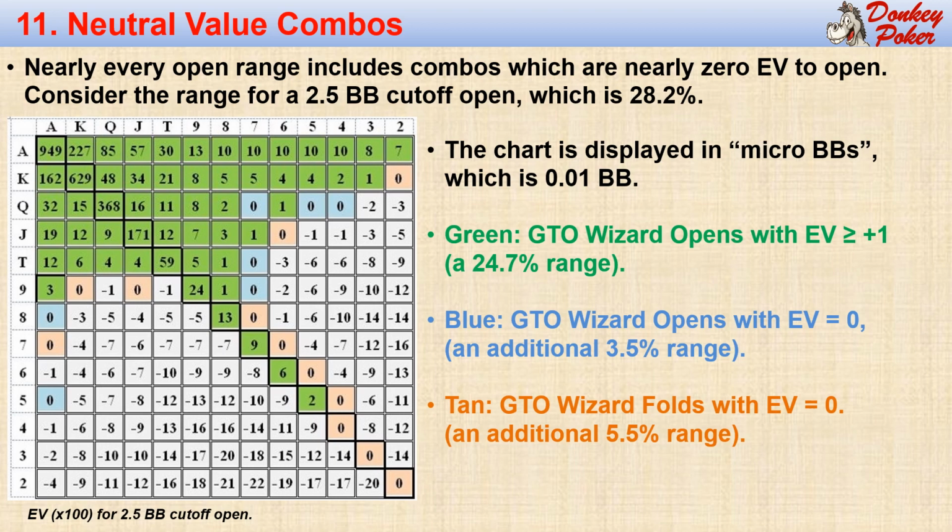Combined, the green and the blue cells include a 28.2% range, which is what GTO Wizard recommends. The tan cells indicate combos with an EV of 0, but they are nevertheless GTO Wizard folds. Perhaps they're just slightly negative combos, but they round up to 0. This is an additional 5.5% range of combos that we do not play as part of our GTO baseline.